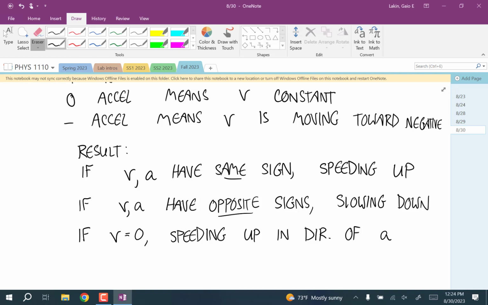But that's not how it works. In order to know whether something's speeding up or slowing down, you have to know the sign of the velocity and the acceleration. If they're both negative, then the object is speeding up in the negative direction. If they're both positive, it's speeding up in the positive direction. If one is positive and one is negative, the object is slowing down. Okay?